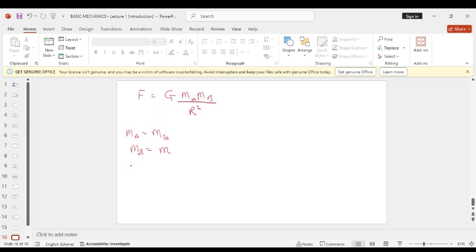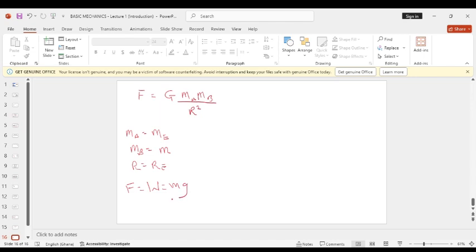Let's say r is equal to the radius of the earth, which we name RE. Then F is equal to the weight of the object of mass m on the surface of the earth, and we know that weight is equal to mg.